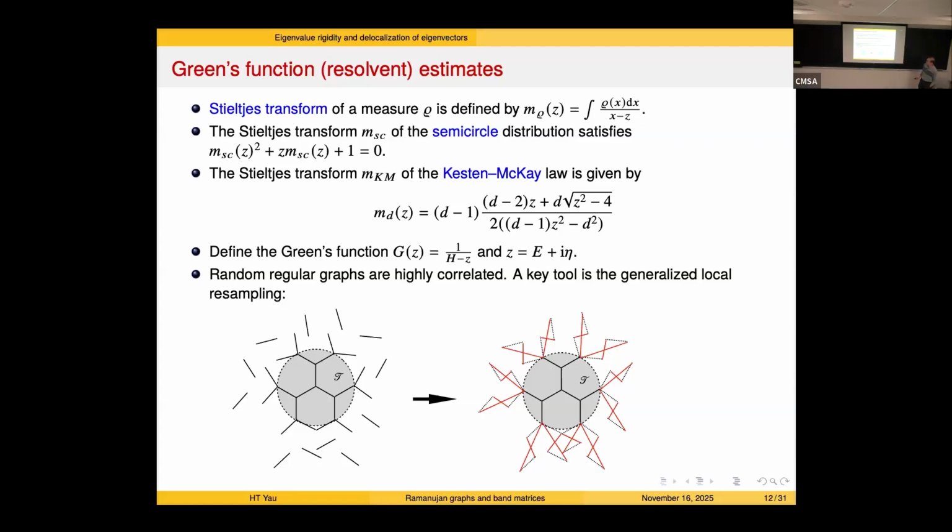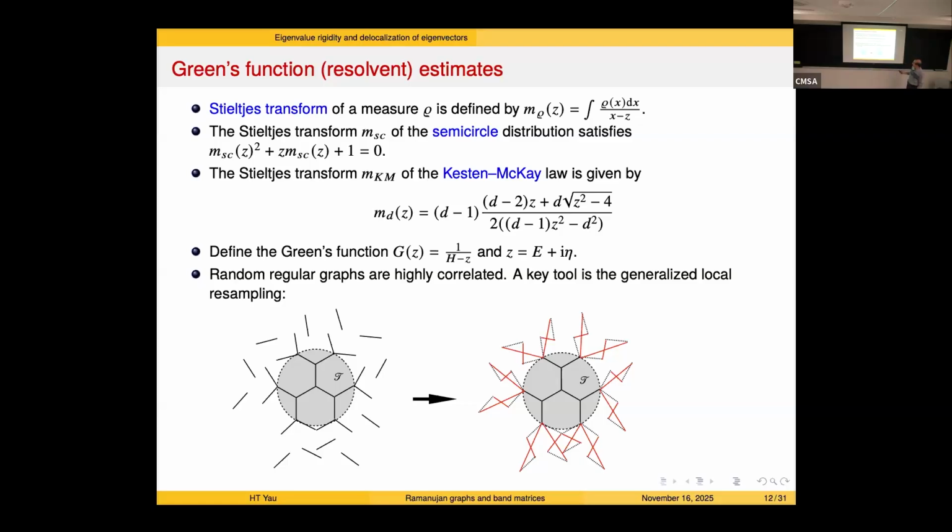It did not change. On the other hand, this gives you some sort of randomness, some sort of independence. The independence is the choice of this edge to be resampled. These are independently chosen edges. So this is where you gain some sort of independence in the problem.